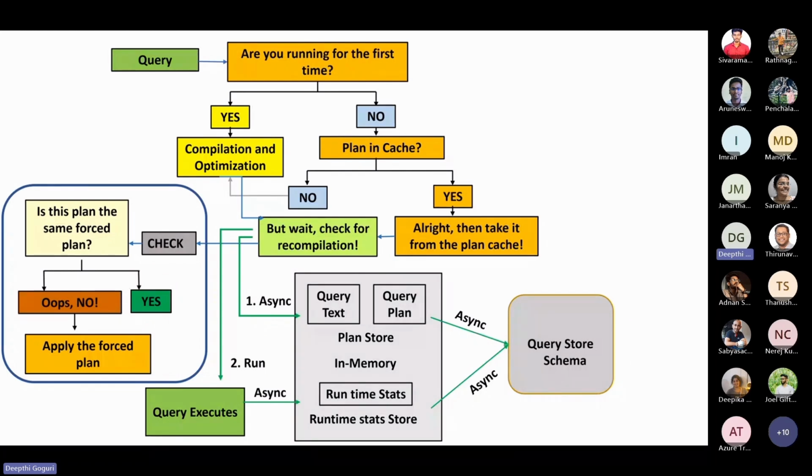Once you enable it, it's like a monitoring tool: it will collect the query ID, query text, query plan, what indexes are used in that plan, what memory grants it used, the memory consumption, CPU limits, and IO information. Basically, the resource consumption information will also be captured, and you can see that information within the database's Query Store itself.